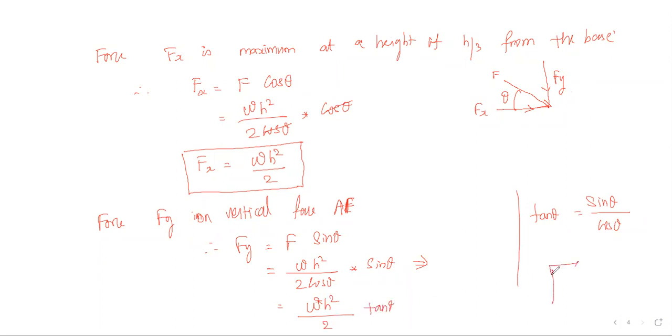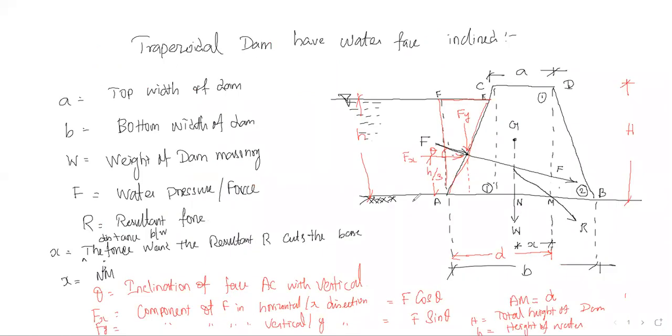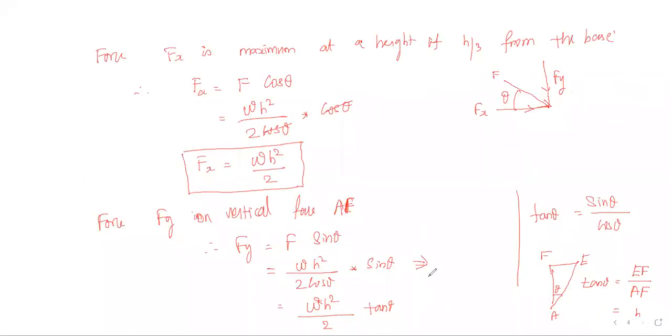So in the triangle AEF, what is the tan theta value? Tan theta is equal to EF, the opposite side, by the adjacent side AF. AF is nothing but H from the diagram.